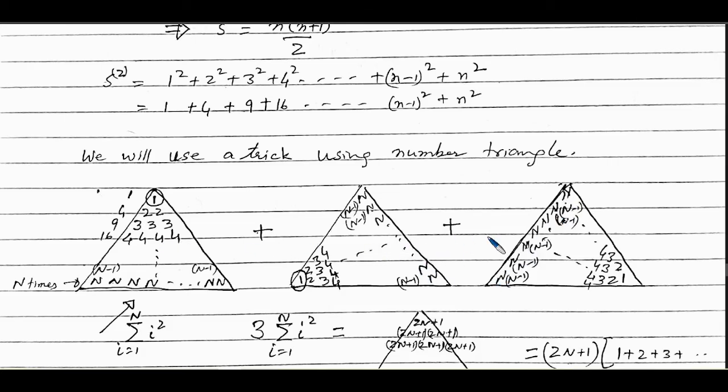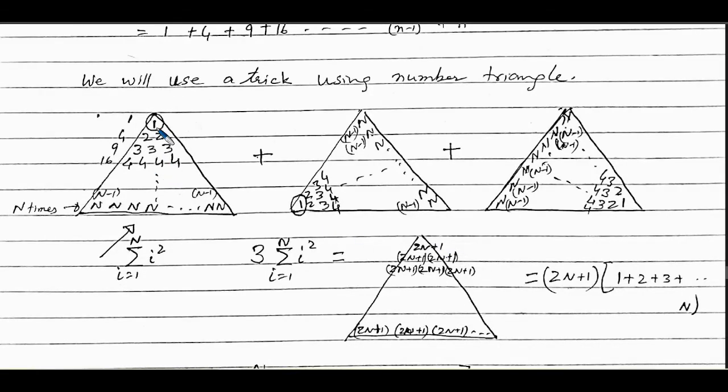Now I add them. So what I get here, 1 plus n, that is n plus 1, and here one more n I add, so I get n plus n plus n plus 1, that is 2n plus 1. Then 2 plus n minus 1, that is n plus 1. Here one more n I add, so similarly I get 2n plus 1.